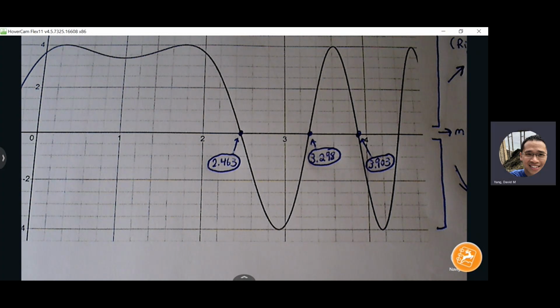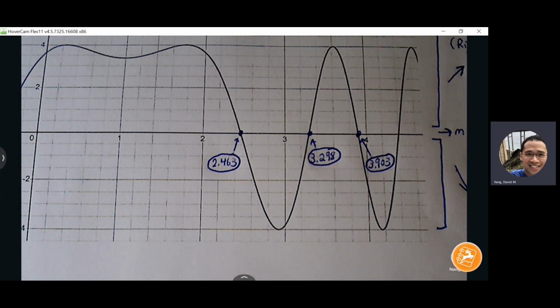X squared minus the function 2x plus 8. Right here. Negative 1 divided by 7. Right here, look at your time. Yeah, just go to the, yeah.